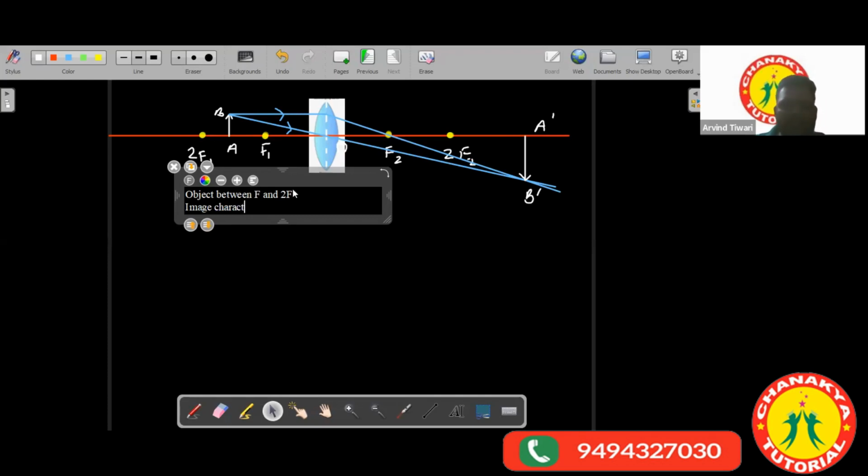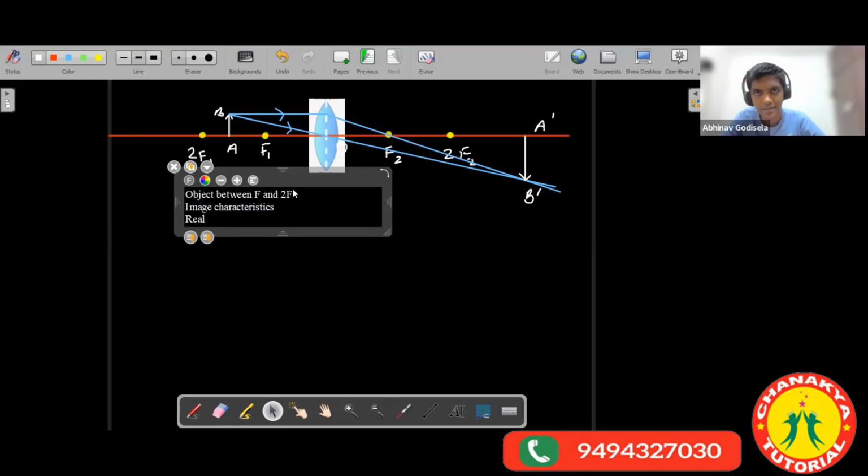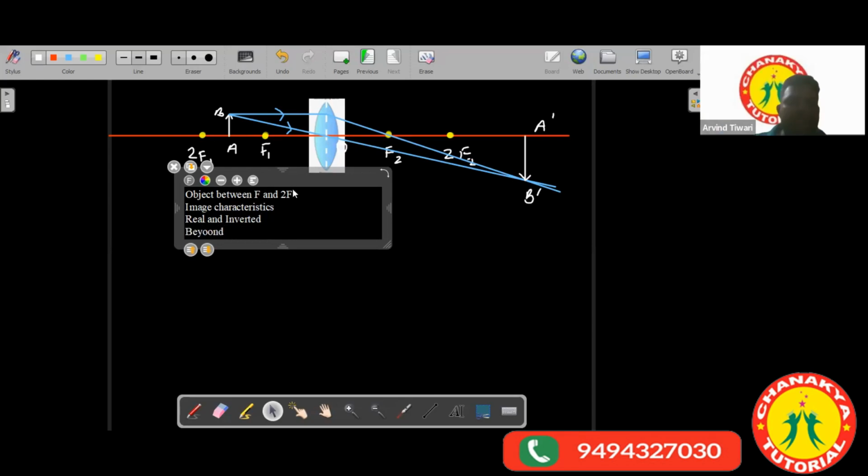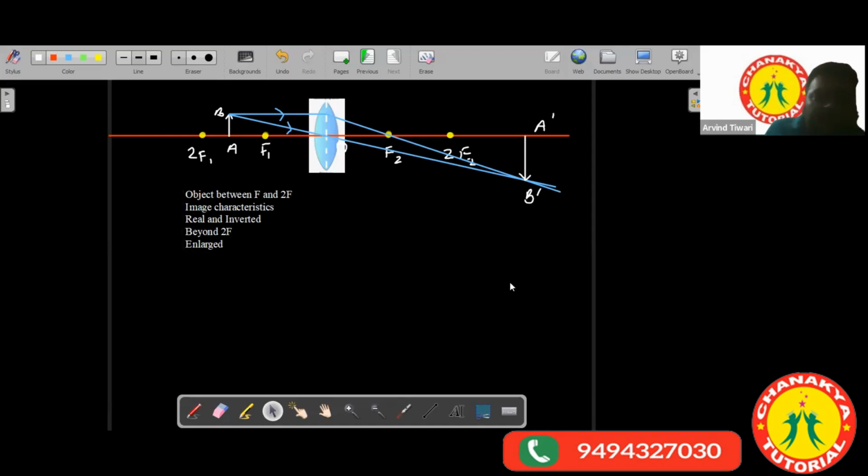Abhinav, what are the image characteristics? Sir, it's real and inverted. Okay, it's real and inverted. Position is beyond 2F, and it's enlarged. Very good. Size is enlarged. It is beyond 2F, and its size is enlarged. So these are the characteristics of the image when the object is placed between F and 2F.